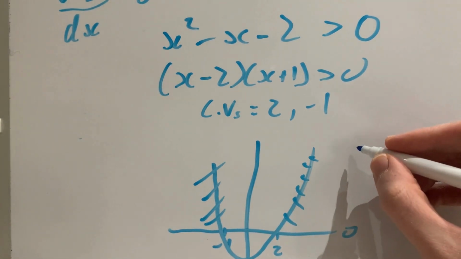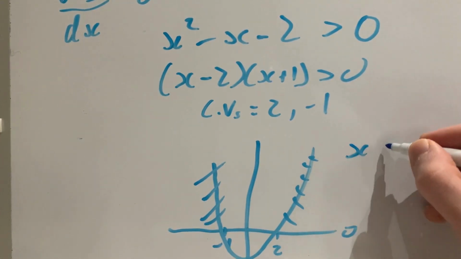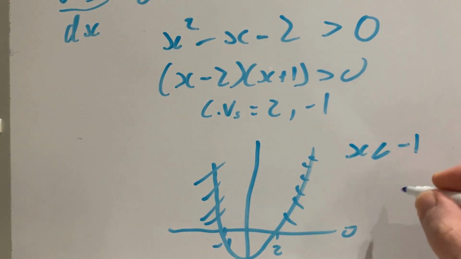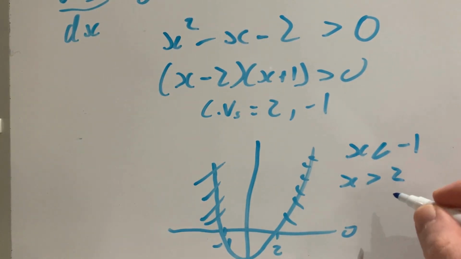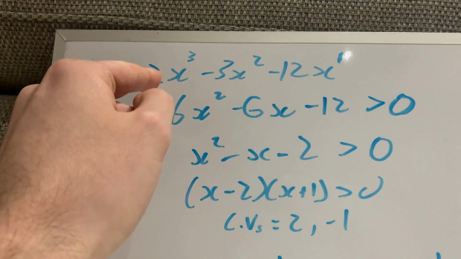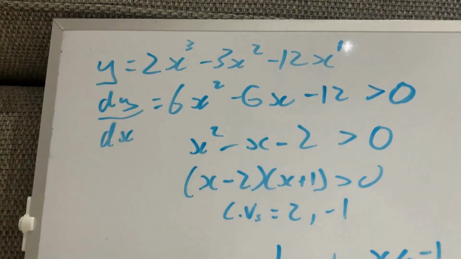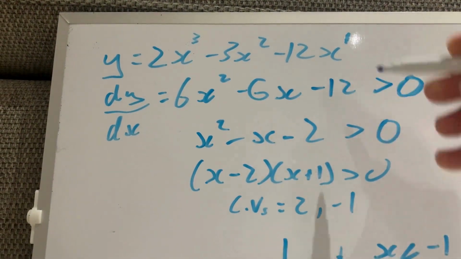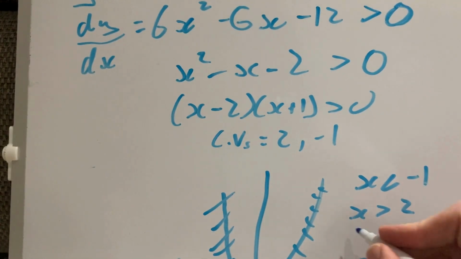So we know that the function is going to be increasing when x is less than minus 1 and x is greater than 2. So what that means is our original function, 2x cubed minus 3x squared minus 12x, the graph of this is going up when x is less than minus 1 or x is greater than 2.